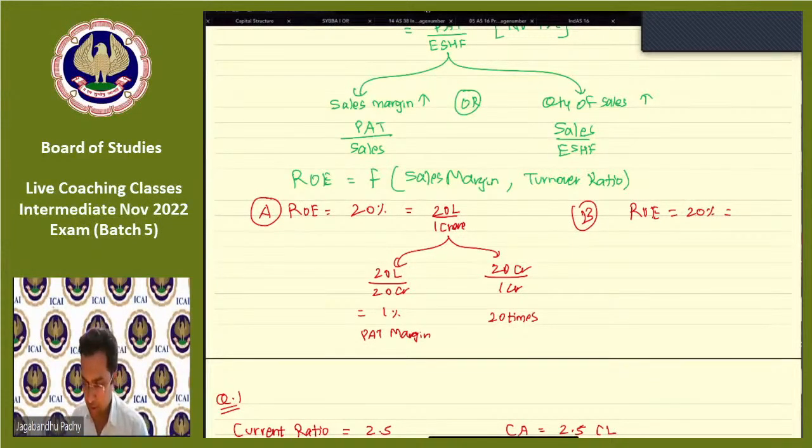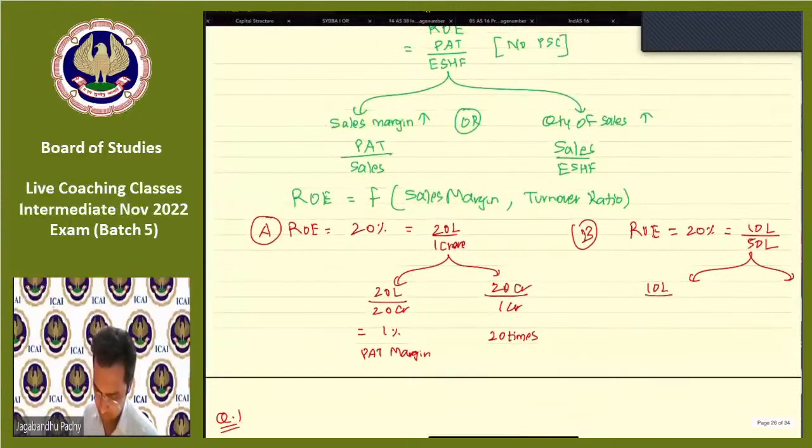That 20% works out to be like 10 lakh divided by 50 lakh. And here also we just distribute it as 10 lakh divided by, let's say, 2 crore.